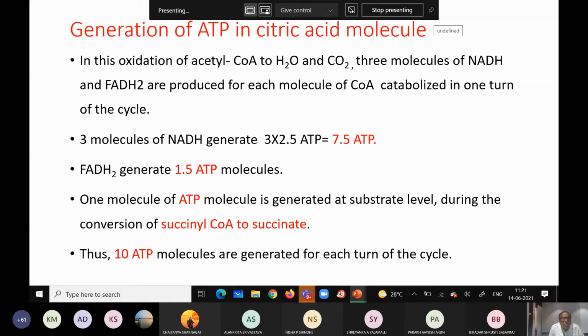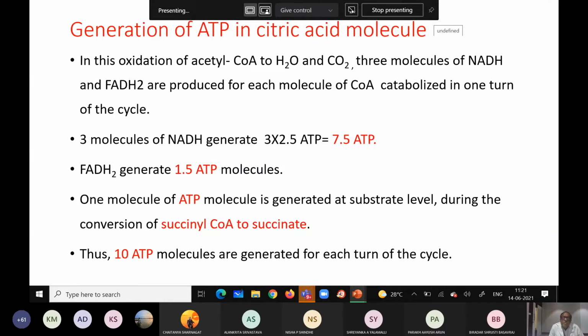So when 3 molecules of NADH are released, it leads to the formation of 7.5 ATP. Whereas when FADH2 is formed, it generates 1.5 ATP molecules, and one molecule of ATP is generated at the substrate level during the conversion of succinyl CoA to succinate.